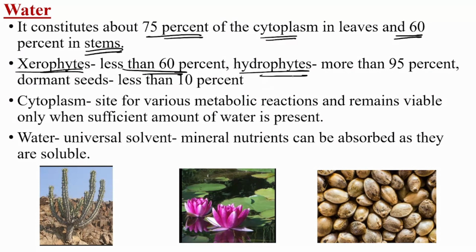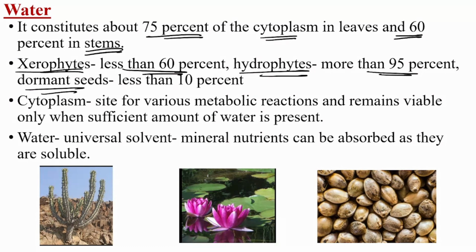Consider hydrophytes like lotus, nilambu. Their cytoplasm has more than 95% water. Now, what are dormant seeds? Usually, when seeds have favorable conditions, that means proper sunlight, proper temperature, and a good amount of water, then the seeds germinate.